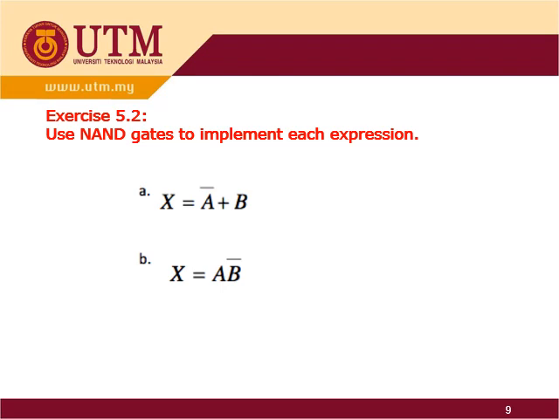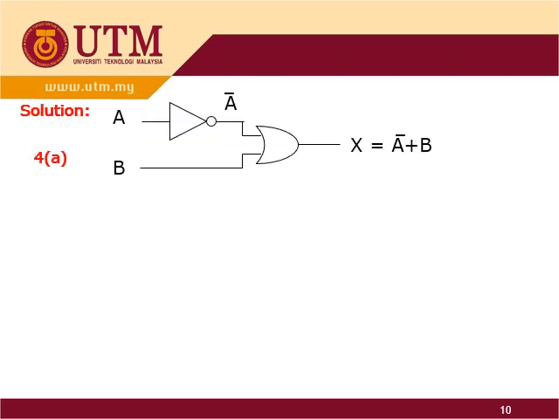How to do it? First, you draw with the basic gates first. So A bar OR plus B. Next, each basic gate, convert it. Based on the table that I just drew for you, convert it with NAND gates.